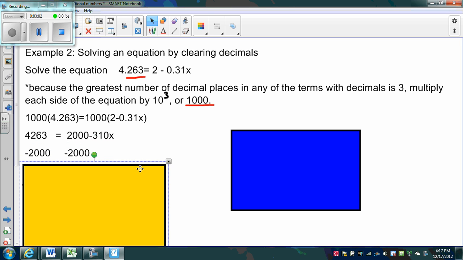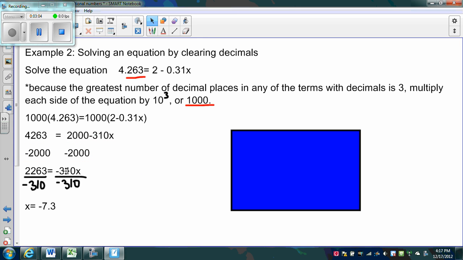So we can subtract 2,000 from both sides, and then we're left with negative 310x, divide by negative 310 on each side, and then we end up with x equals negative 7.3. And it should be a decimal. These were decimals up here. So we've simplified it by clearing those decimals.